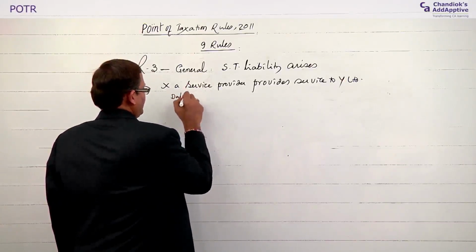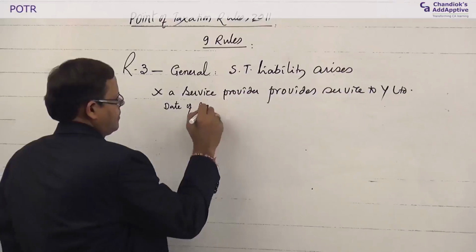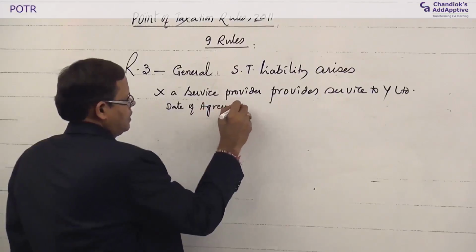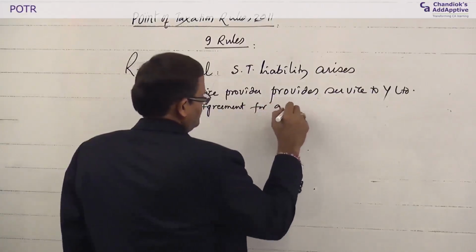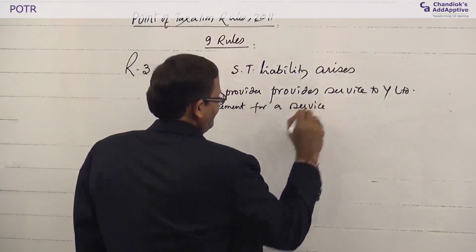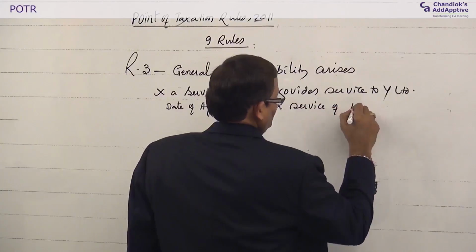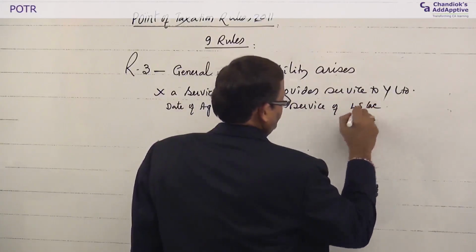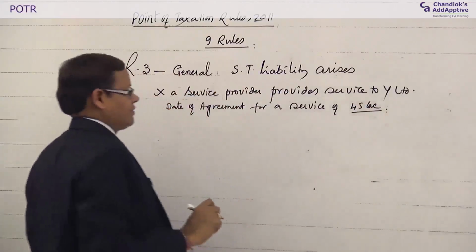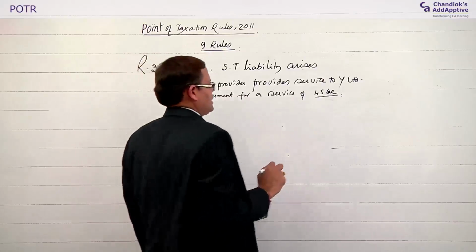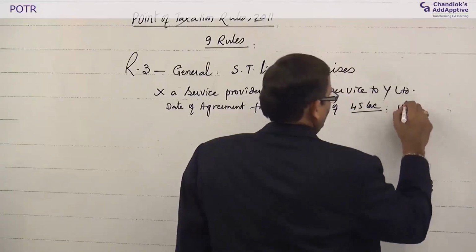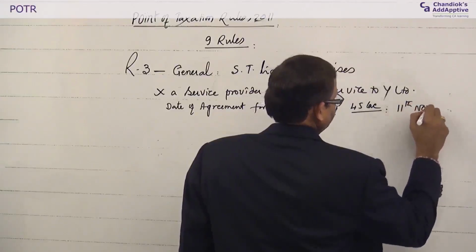Date of agreement for a service of 45 lakhs. The value of the service is 45 lakh. The date of agreement is 11th November.